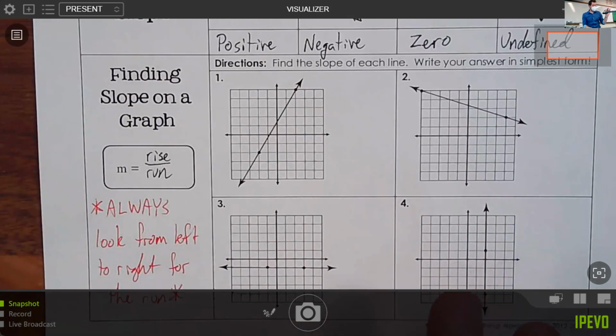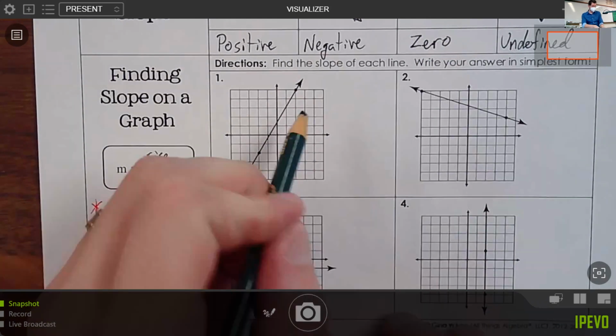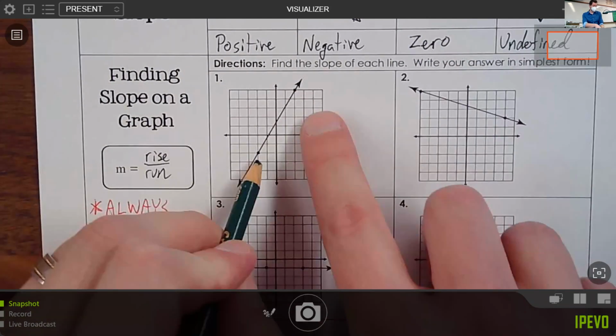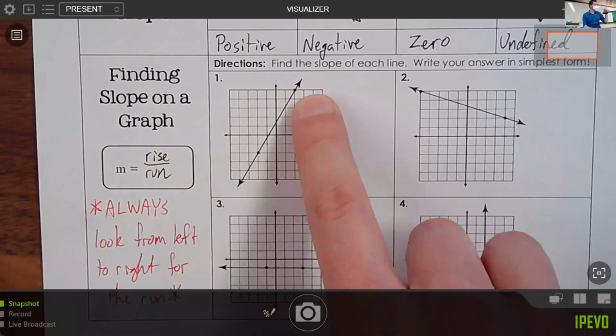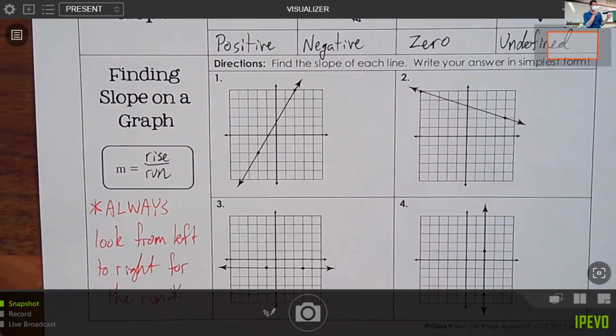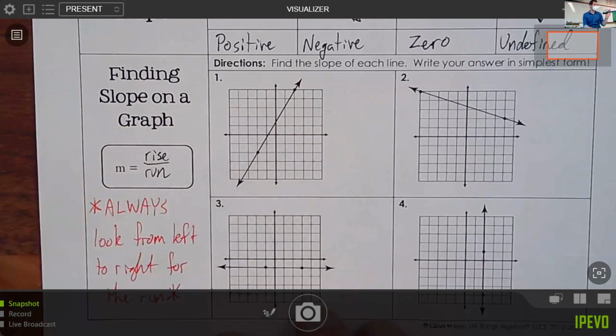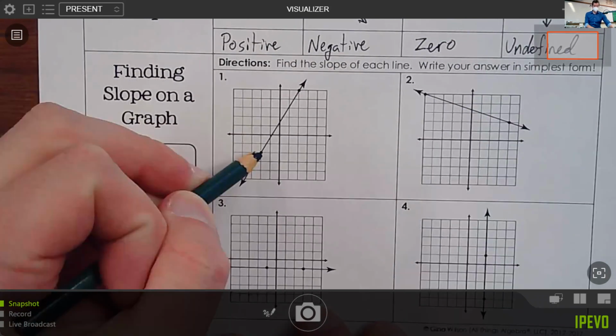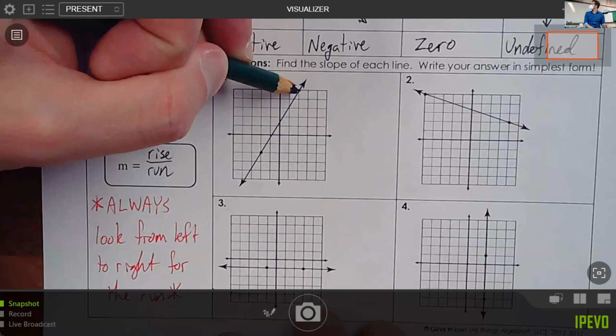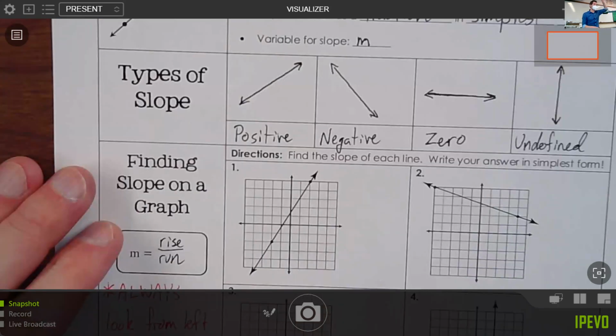Now, between these 2 points, the nice thing about these ones is that these points are already on the graph. So what we have to do is figure out, all right, how far straight up or down, not diagonally. We'll get to that in a moment. That's what the whole fraction is about. But straight up and down, how far do I have to go to get from this point down here to this point up here? So we're talking just the straight up and down vertical distance.